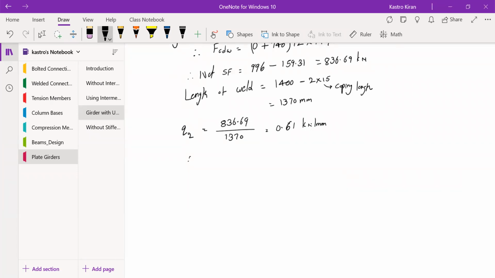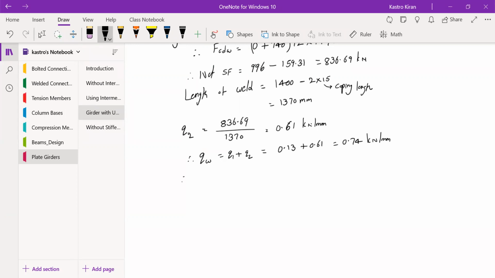Okay, so therefore the final value of QW equals Q1 plus Q2. What is the Q1 value? You have found out already, that is 0.13. And the Q2 value is 0.61. So which will give you 0.74 kilonewtons per mm.